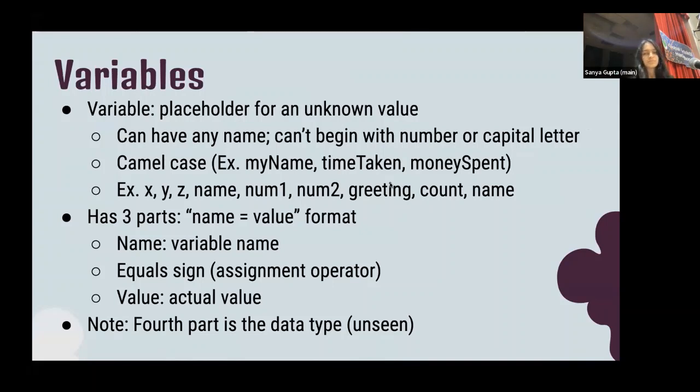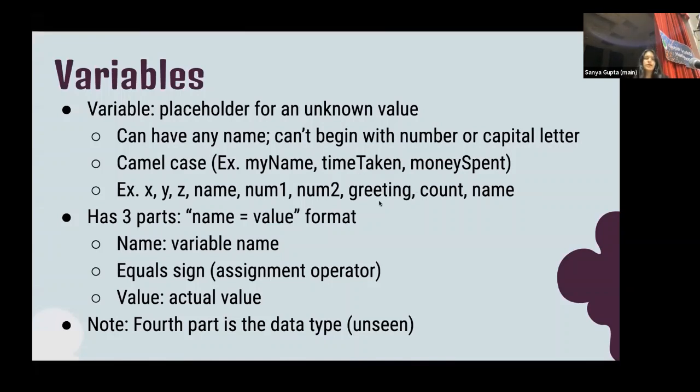Common examples of variables are x, y, z, name. For num1, you can have a number anywhere inside the word, it just can't begin with a number. If you do that, you'll just get an error, but it's okay. It's good to learn from those.